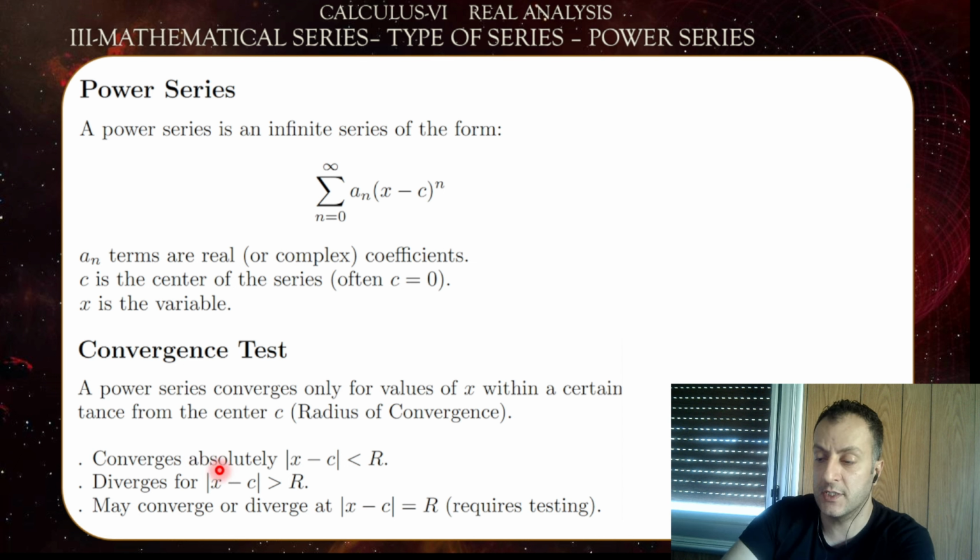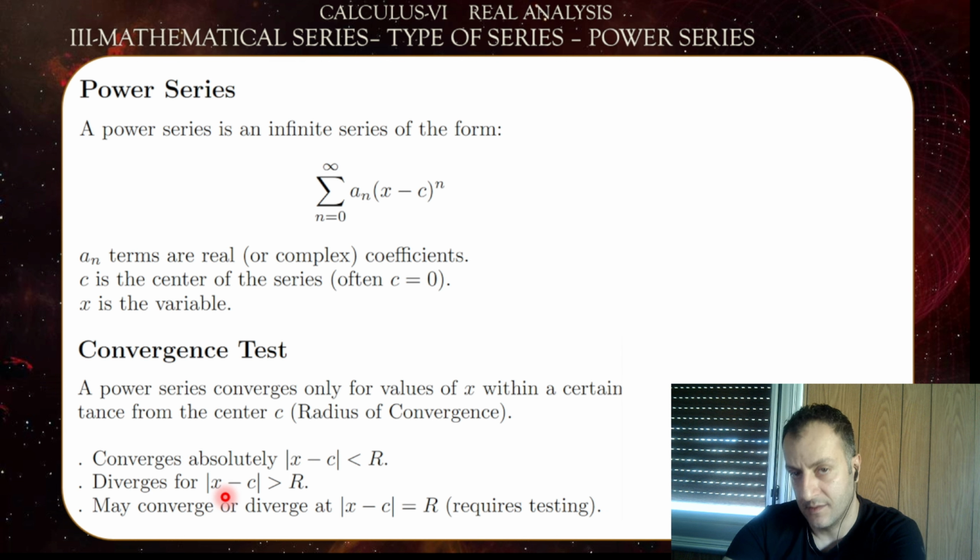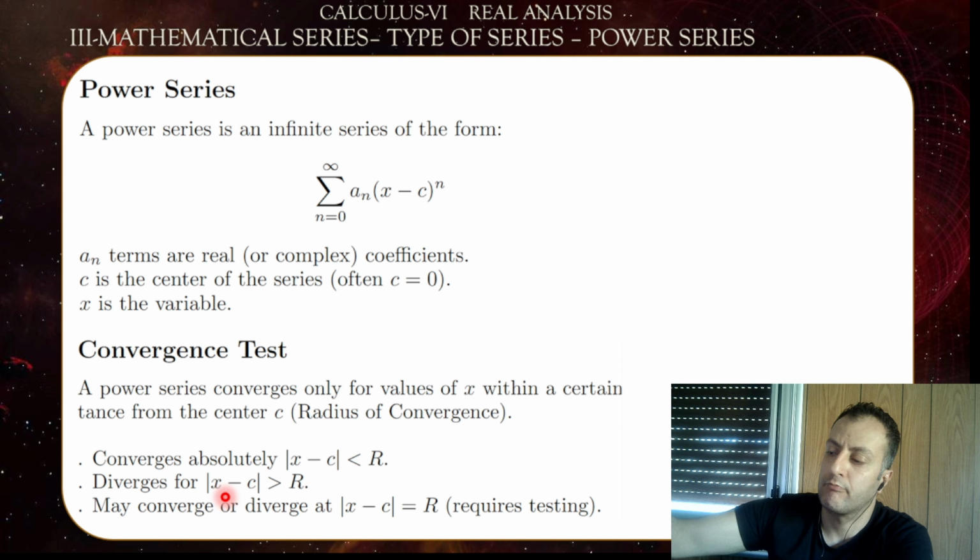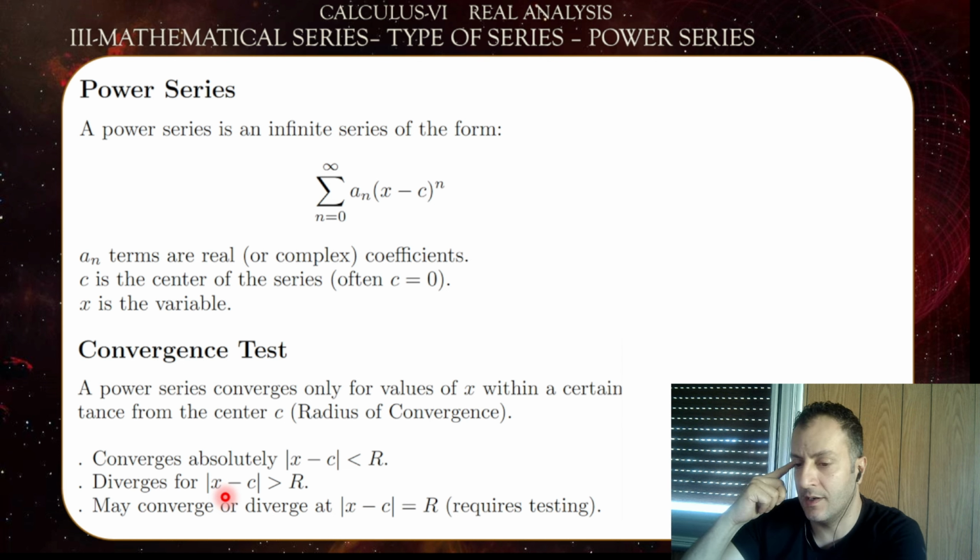It diverges for values of x where the absolute value of x minus c is greater than r. In other words, when the distance from the center goes beyond the radius of convergence, then the series would be divergent. It may converge or diverge at x minus c equal to r, so it requires further testing. In other words, the test in such a case would be inconclusive.